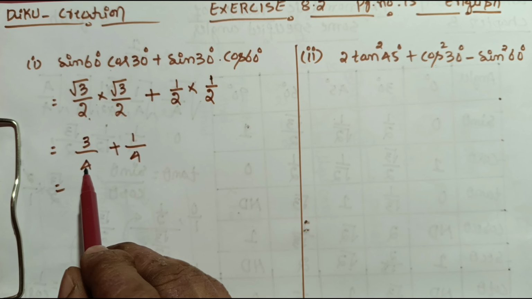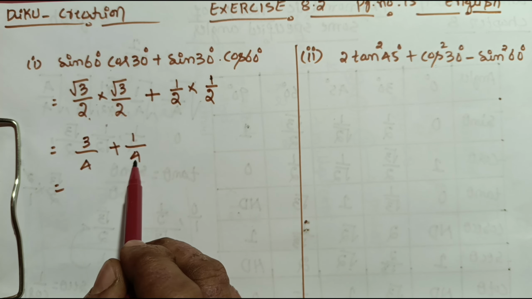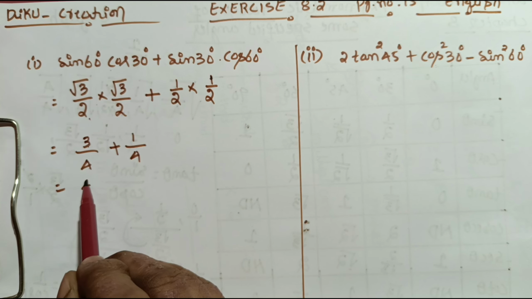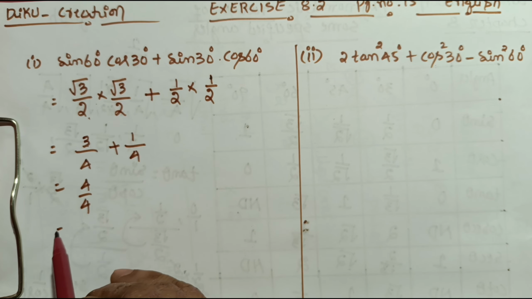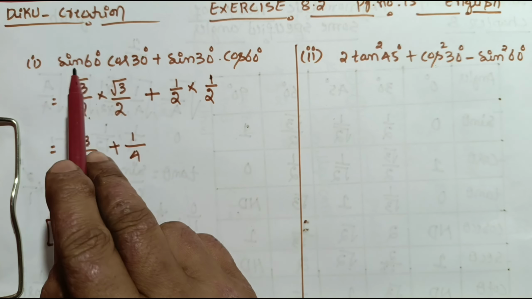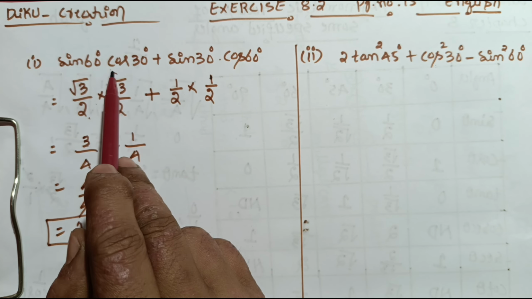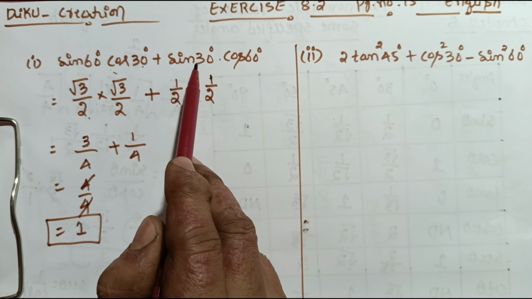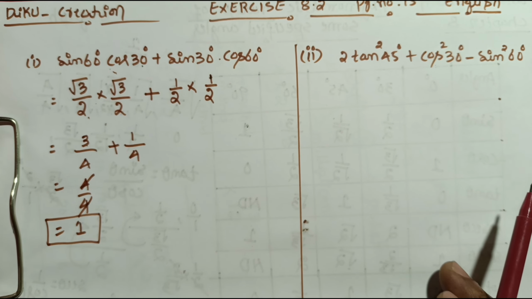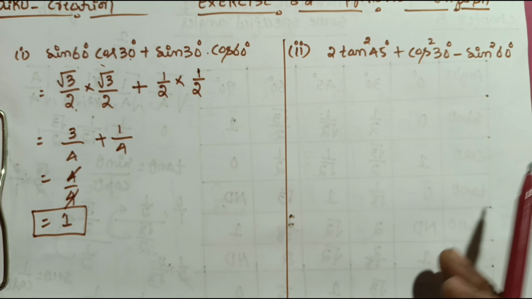The denominators are the same, hence we only need to add the numerators. 3 plus 1 is 4 divided by 4. Same number by same number, which is equal to 1. Therefore the final answer: sine 60 degree cos 30 degree plus sine 30 degree into cos 60 degree, if we simplify, their value is equal to 1.